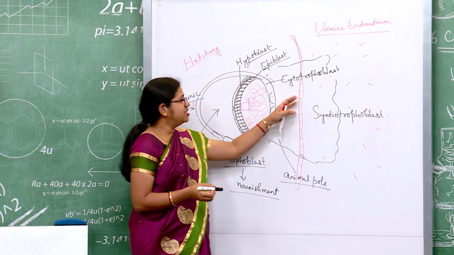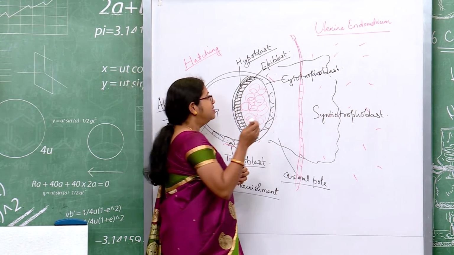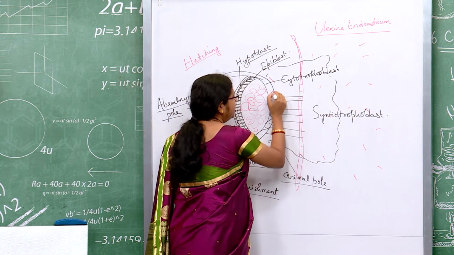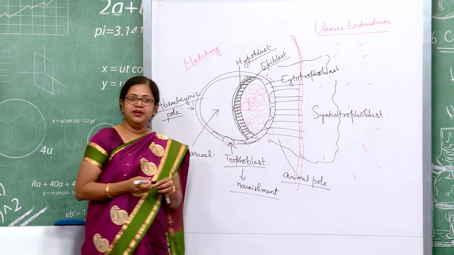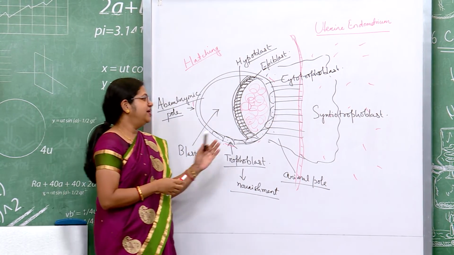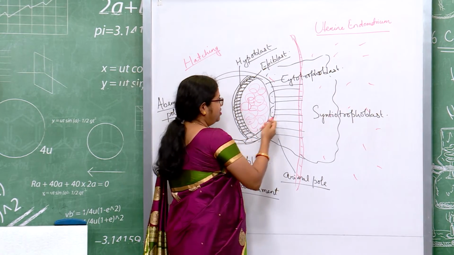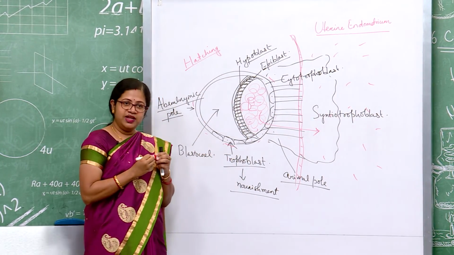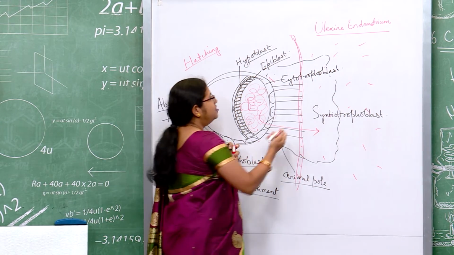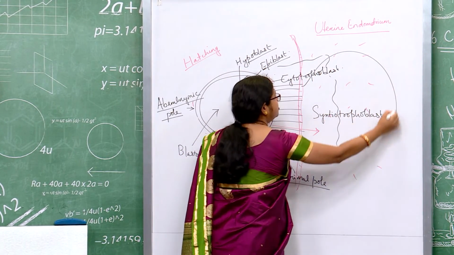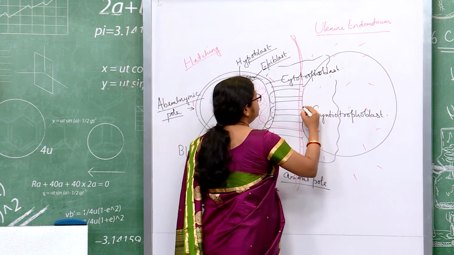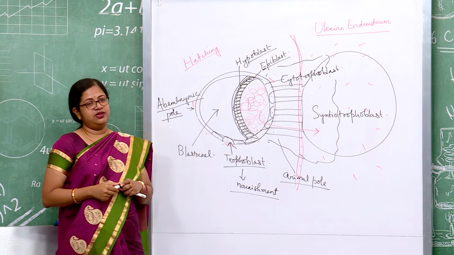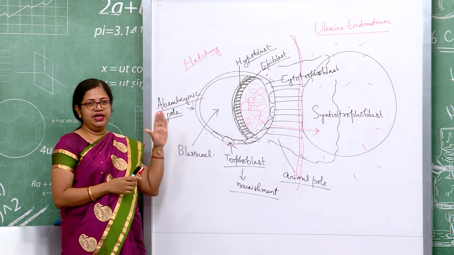Then there will be extracellular matrix proteins that will help in adhering to the endometrial lining, and after adhering, the embryo will invade and finally be lodged into the endometrium lining. So, this is how the entire process of implantation will take place.